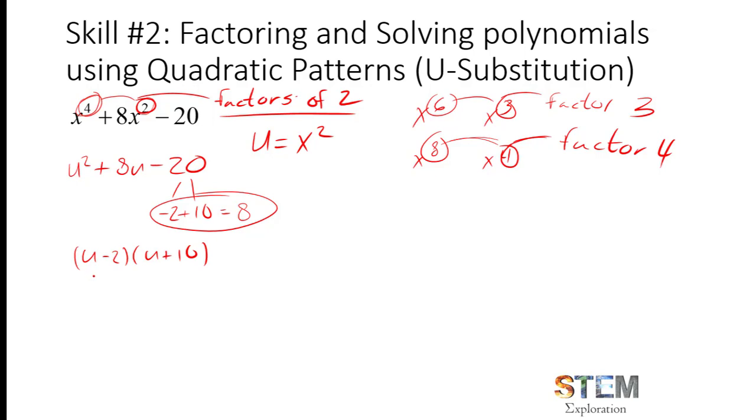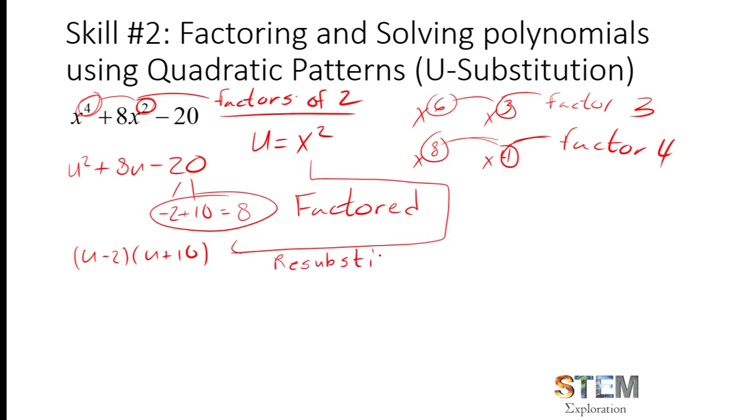So after we perform the factoring of the quadratic patterned situation, what we're going to do is re-substitute in the x squared for u. And this gets you somewhere, and I'll show you why.